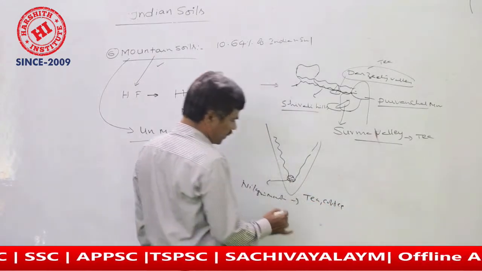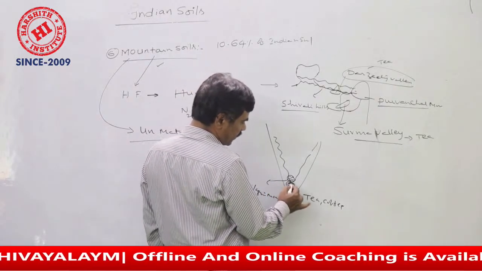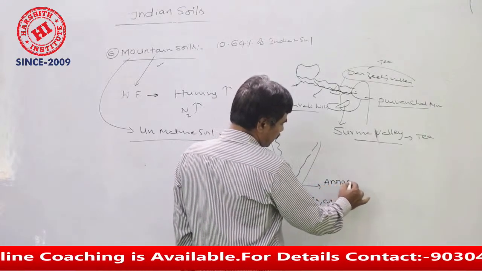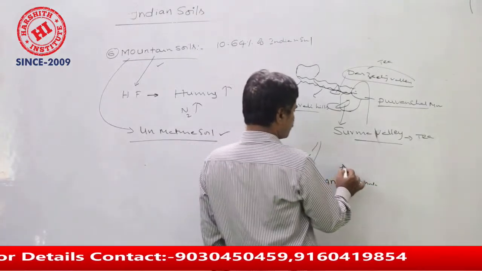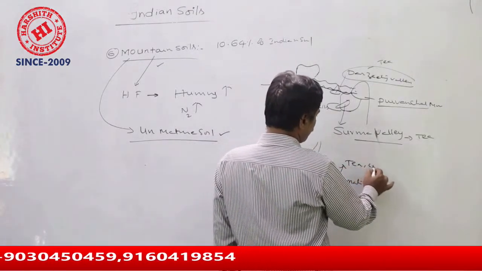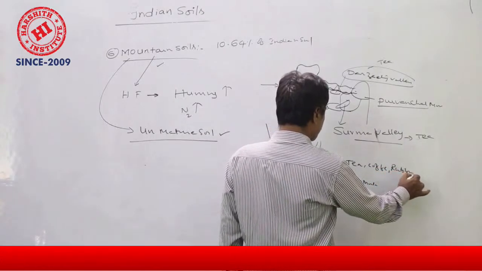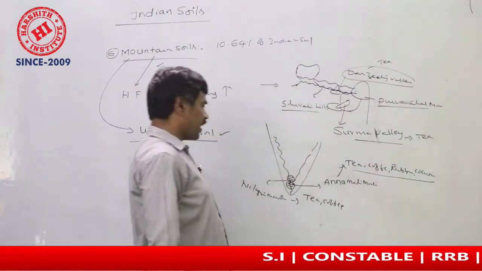There are a number of tea gardens. In Kerala state there are some mountains, these are the Annamalai mountains, famous for tea, coffee, rubber and coconut.